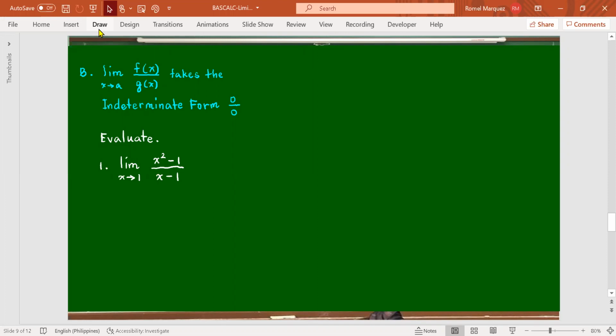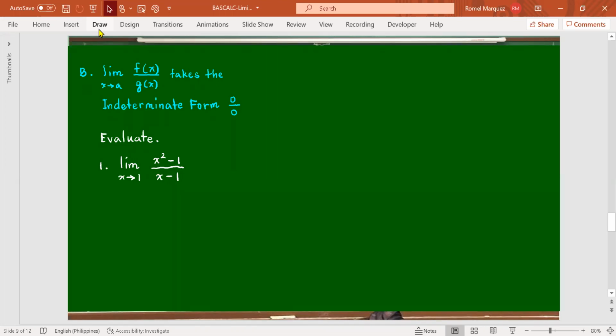If you're given a quotient, you have to be careful. Always check if the limit of the denominator is not 0. If it is not 0, and the limit of the numerator is a real number, you can proceed immediately and apply direct substitution rule.